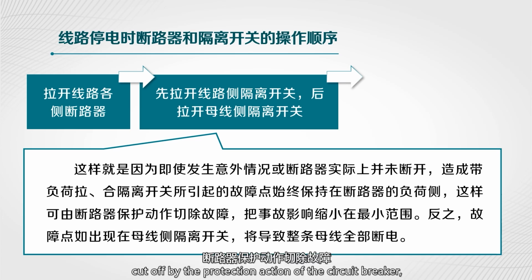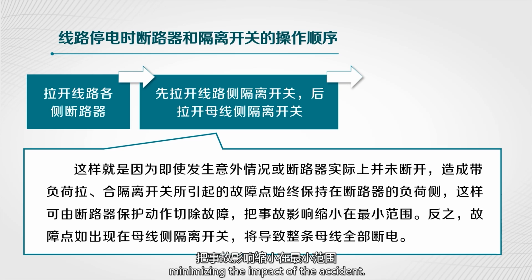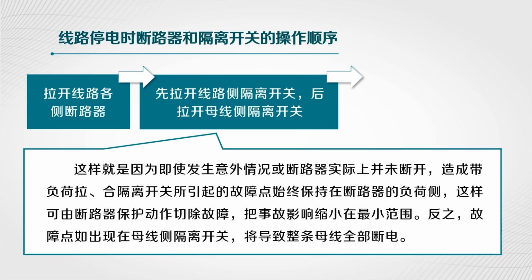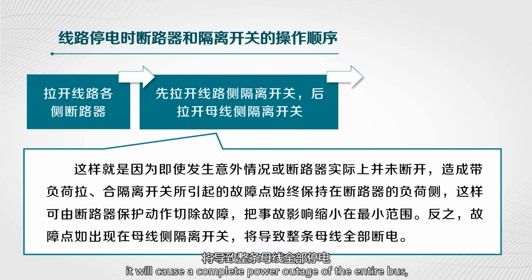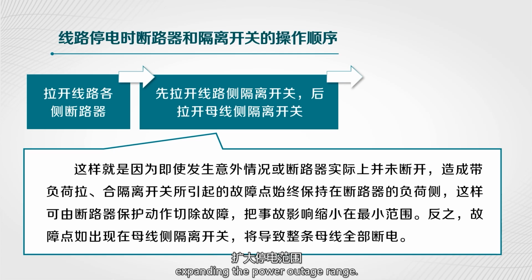Thus it can be cut off by the protection action of the circuit breaker, minimizing the impact of the accident. On the contrary, if the fault point occurs at the disconnector on the bus side, it will cause a complete power outage of the entire bus, expanding the power outage range.